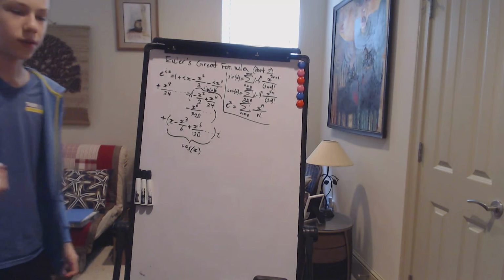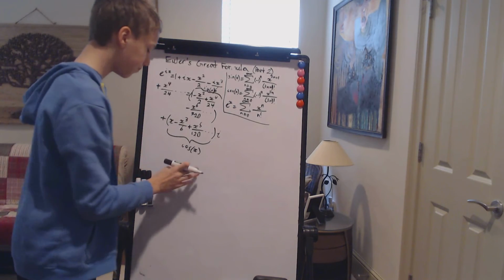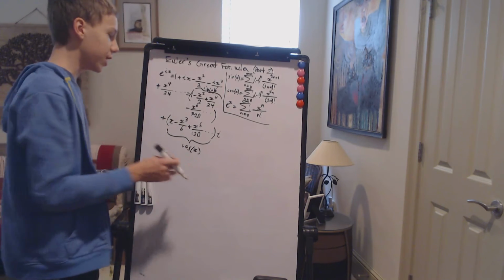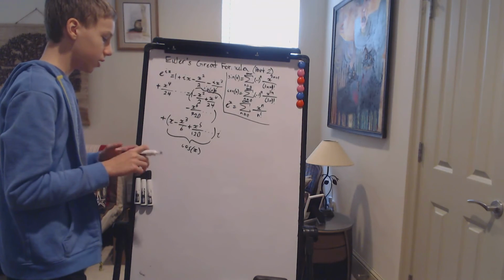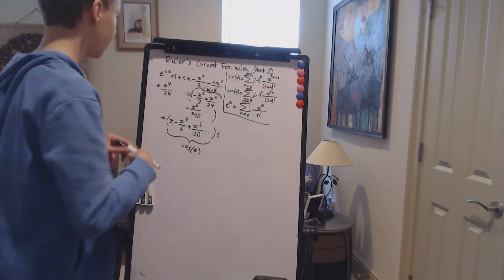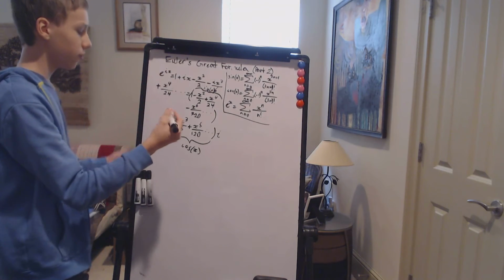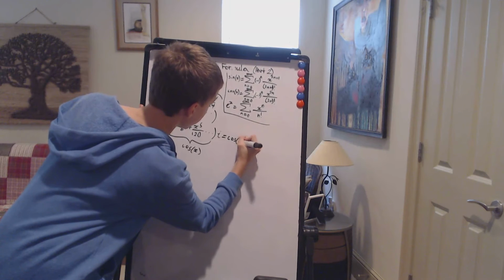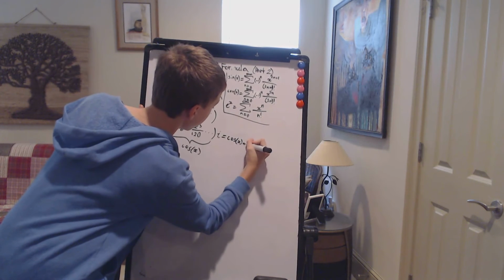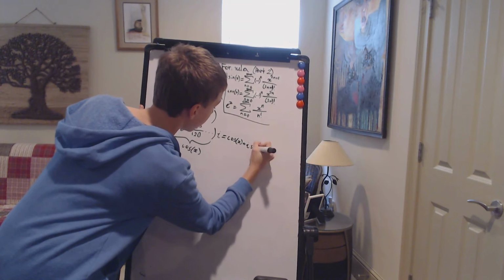So we have, maybe not formally, but a pretty decent proof of Euler's great formula, because we have just shown that this is equal to cosine of x plus i sine x.